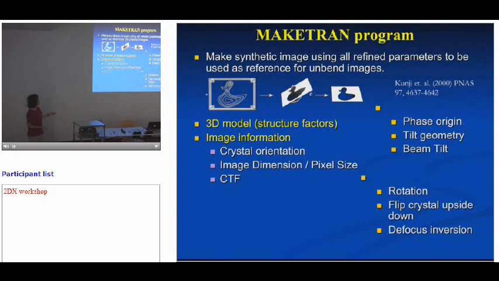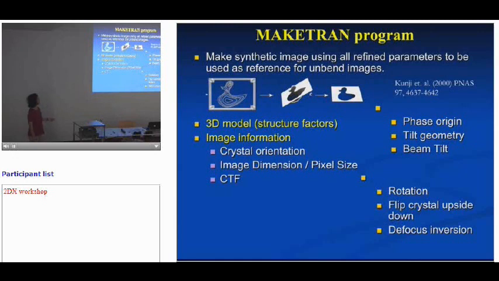In those, you also have to use the information that you got out from Origtilt: your phase origin, tilt geometry, and your beam tilt, if you have it refined. And again, all the parameters that you already used, so that you get back to the same coordinate system that you originally used in your image.